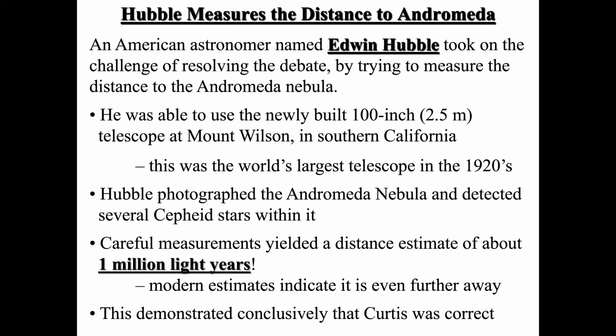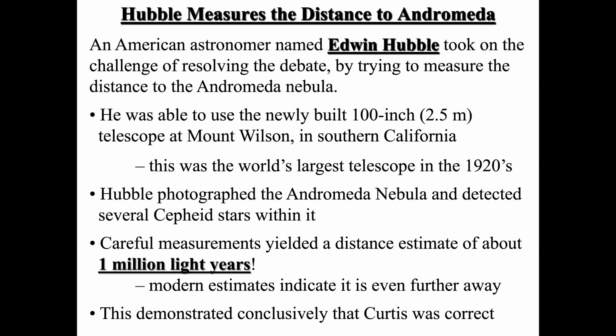Now, once you have these Cepheid stars, he carefully measured the period of these stars and then estimated the distance using the method that we have discussed. And he came up with an answer that the distance of this Andromeda Nebula seems to be 1 million light years away from us, right?